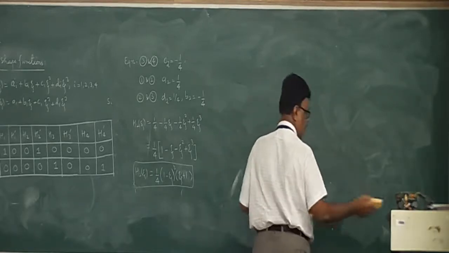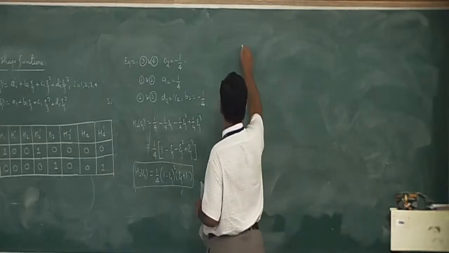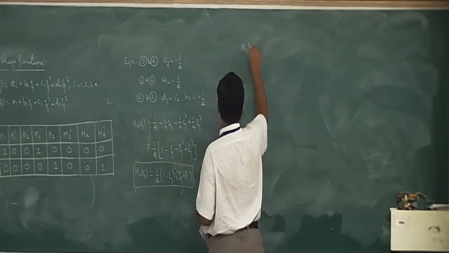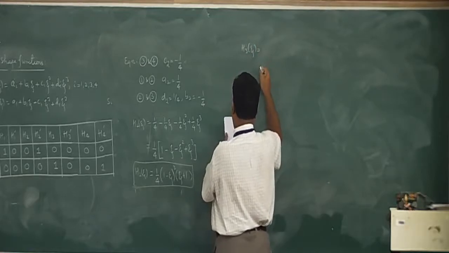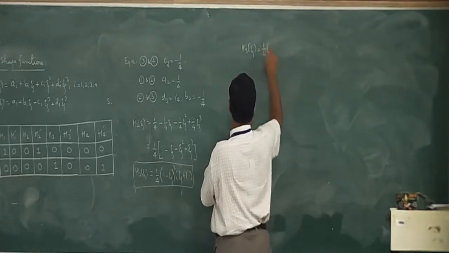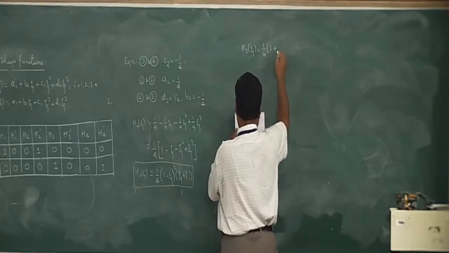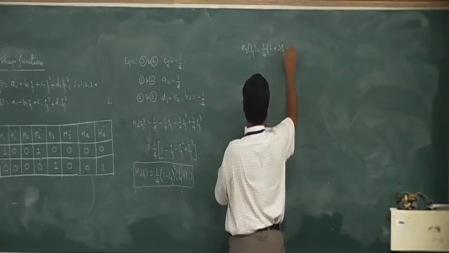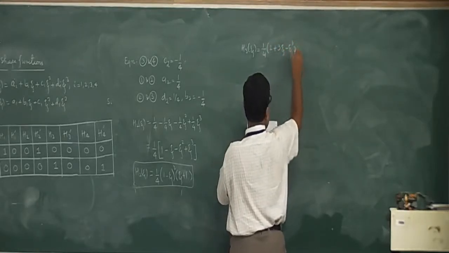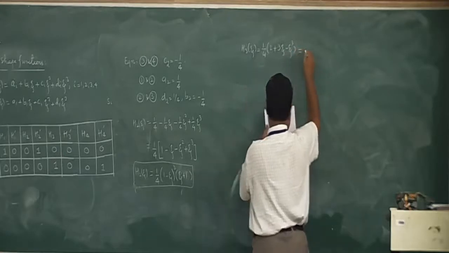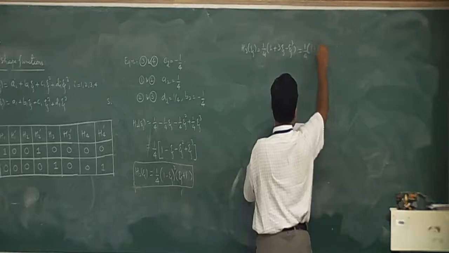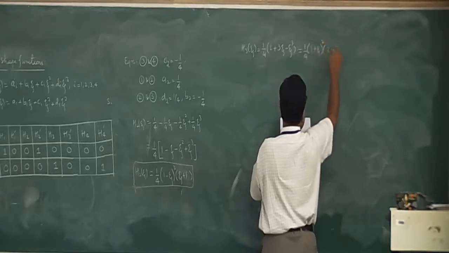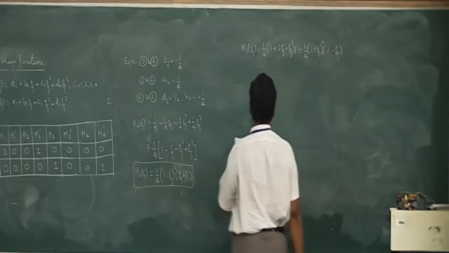For example, H3 of zeta will come half into 2 plus 3 zeta minus zeta cube. This is also equal to 1 by 4 into (1 plus zeta) whole square into (2 minus zeta). You will get that.